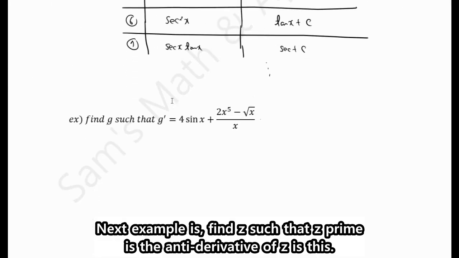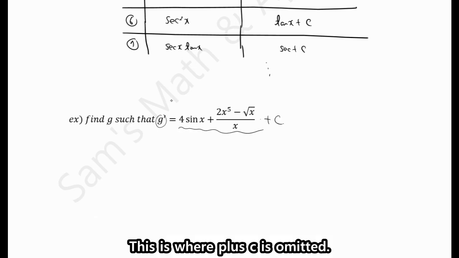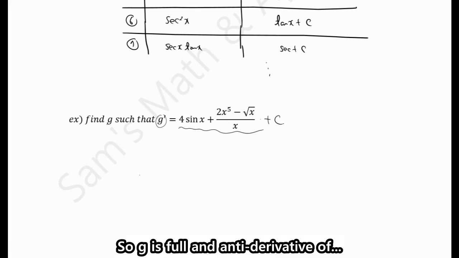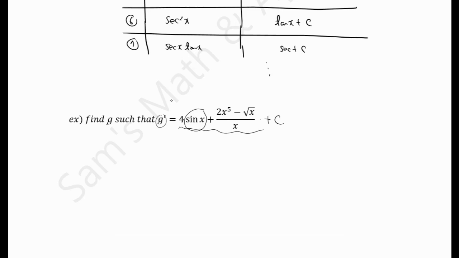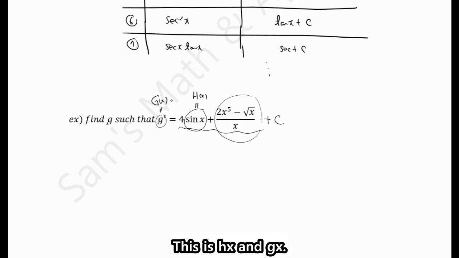Next example is to find g such that g' is the given function. This is the antiderivative, and the plus c is omitted. So g is 4, and the antiderivative of, so this is large G(x), this is h(x), and g(x).